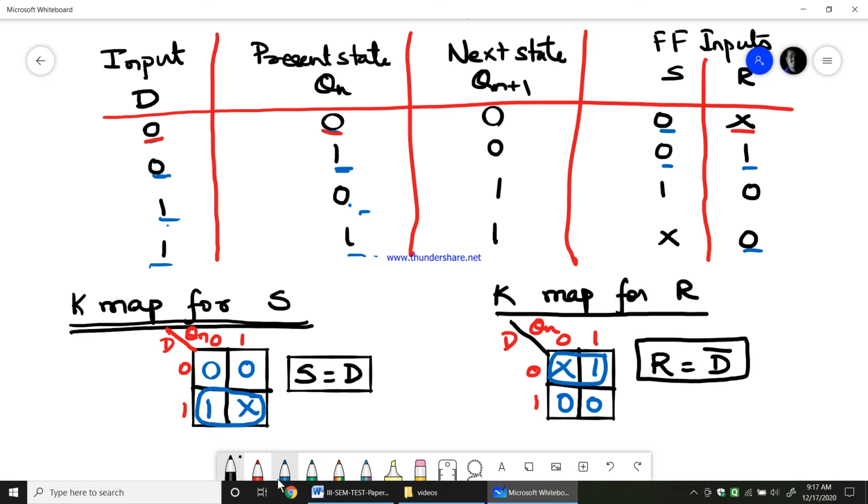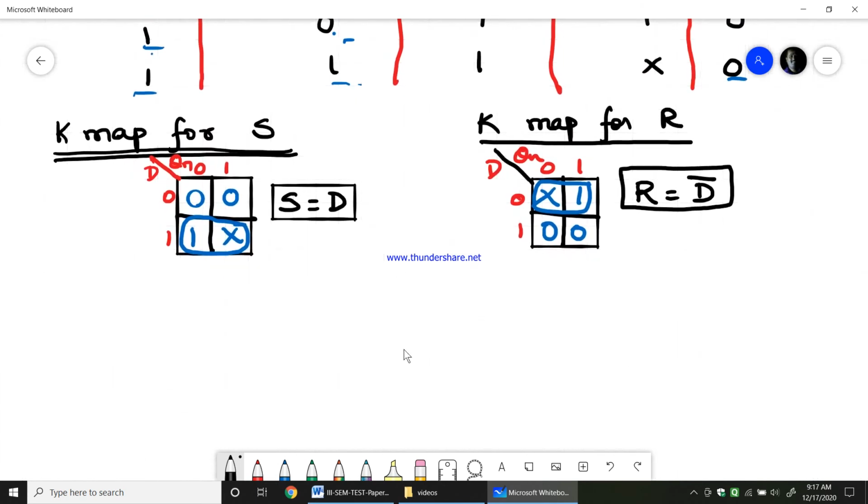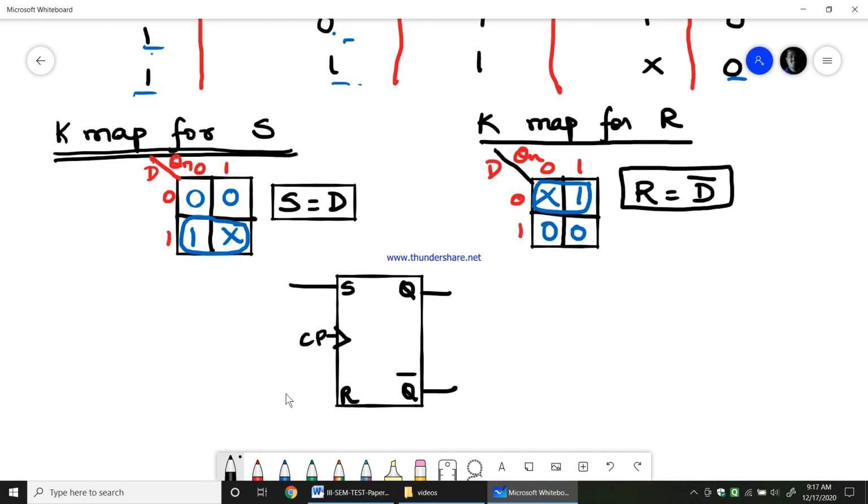Therefore, finally, if I write the flip-flop diagram, first I will draw the SR flip-flop diagram. This is the clock pulse, this is S, this is R, this is Q, Q bar. Now S is D, R is D bar.